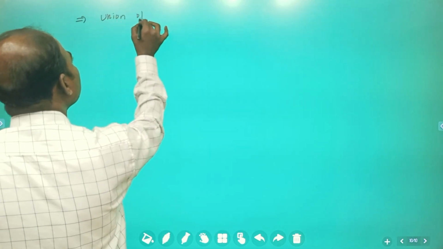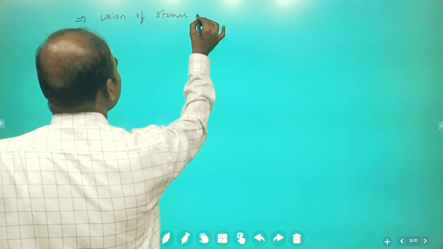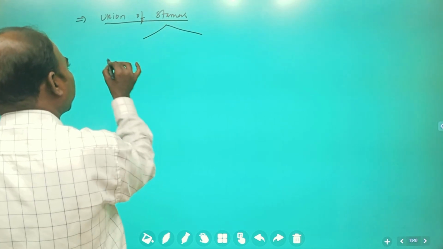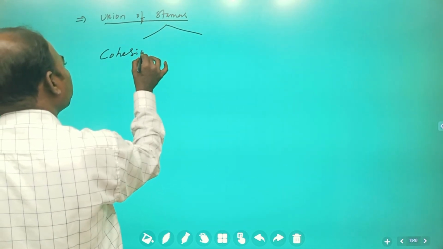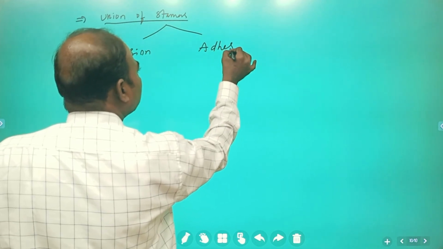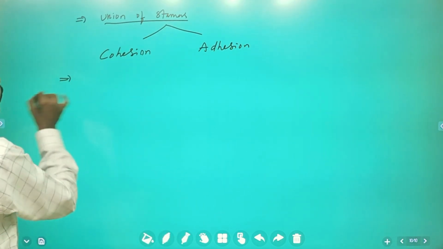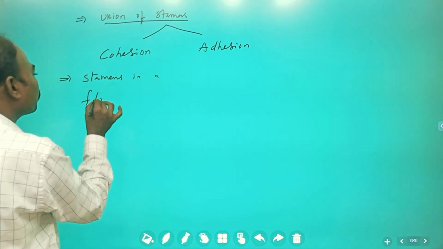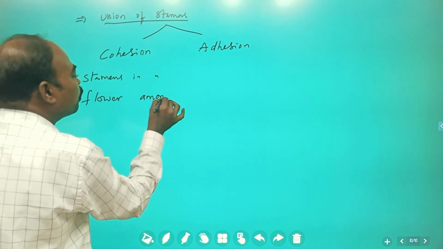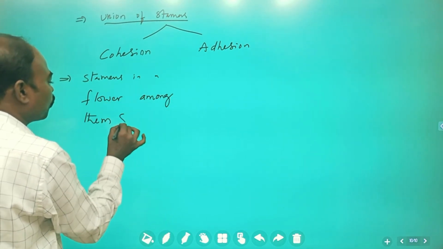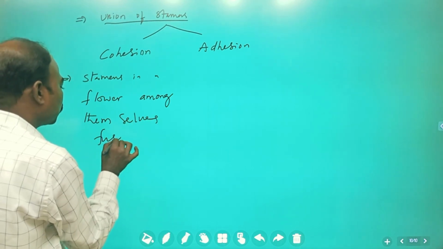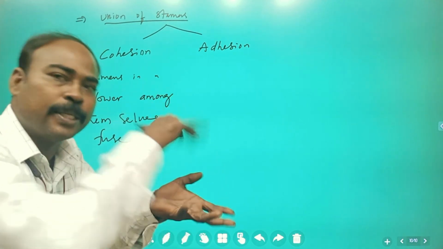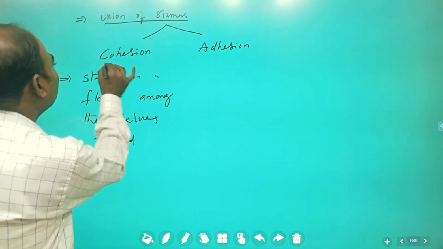But in the majority of flowers, the stamens show two types of union. The union of stamens is classified into two types, that is cohesion and adhesion. What is cohesion? Stamens in a flower, 4 or 5 or 6, fused among themselves and form a union called cohesion.